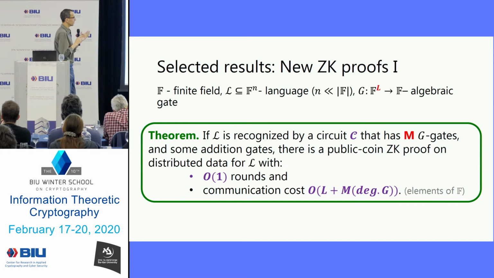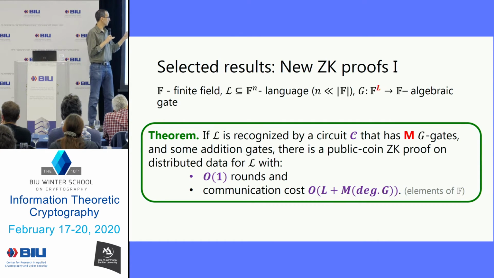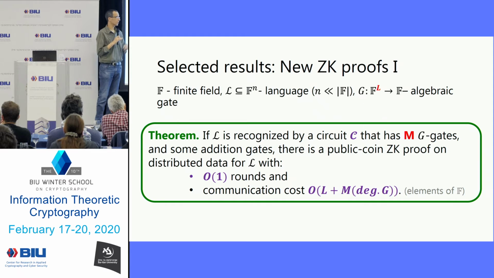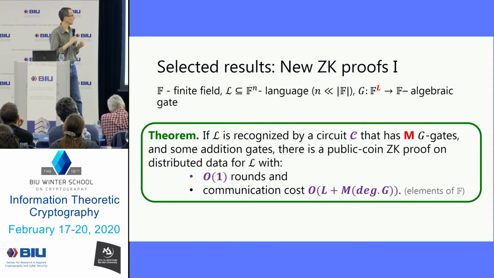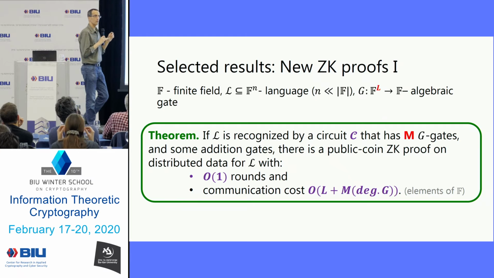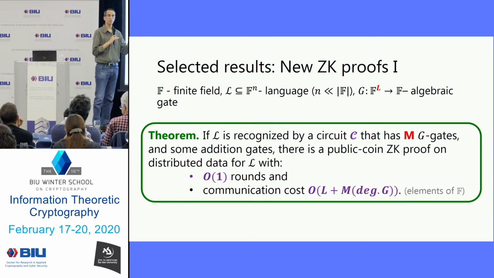Why is that good? We are going to show that in this case, this is the circuit. We have a ZK proof on distributed data for this language L that has a constant number of rounds. It's going to be 2. And the communication cost is going to be the size of the G gate, that's L, plus M, the number of gates times the degree.